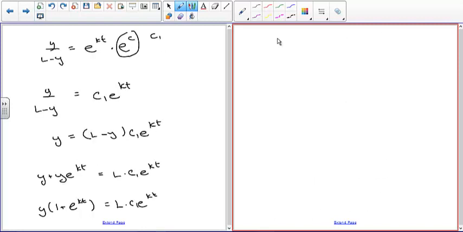And then you divide both sides by that. So you'll get the numerator L times c1 times e to the kt divided by 1 plus e to the kt.